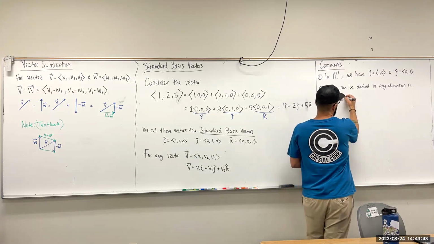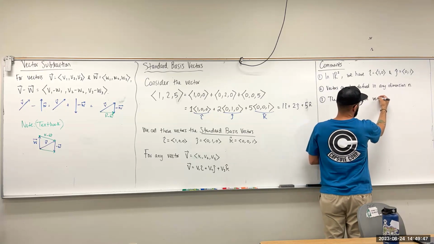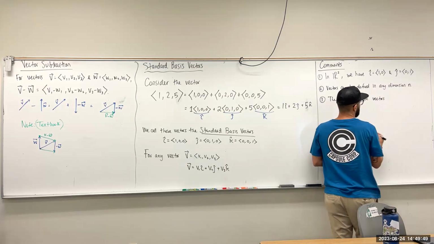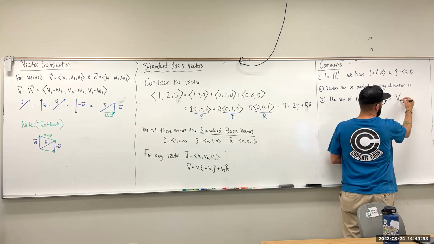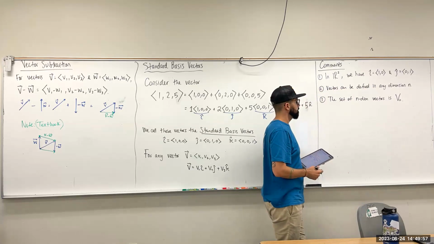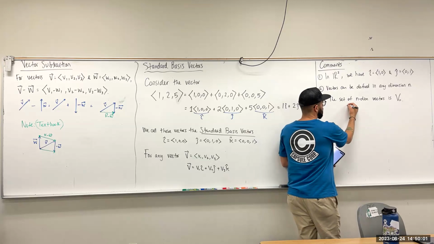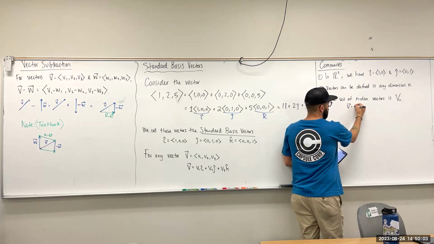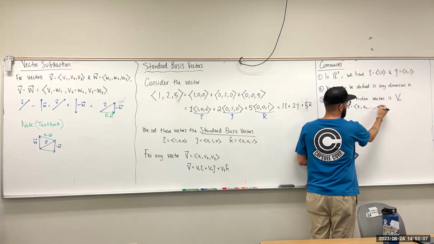The set of n-dimensional vectors is labeled with a capital V and then a little n. And then the vectors just have n components, so v1, v2, all the way to vn.